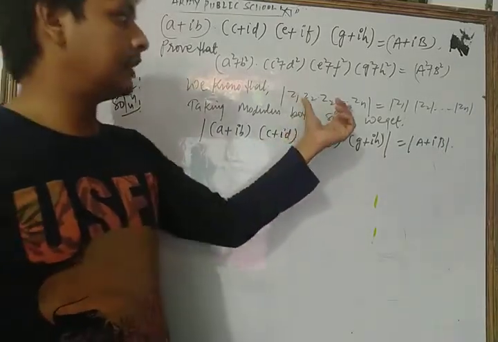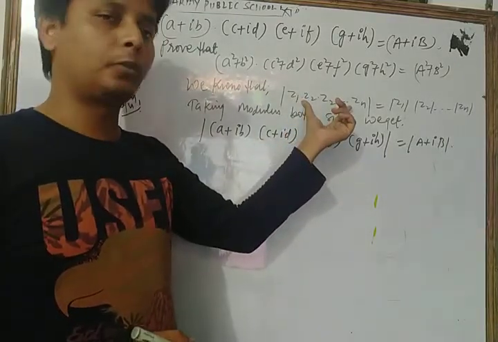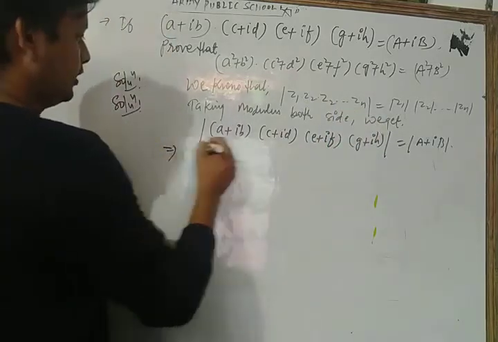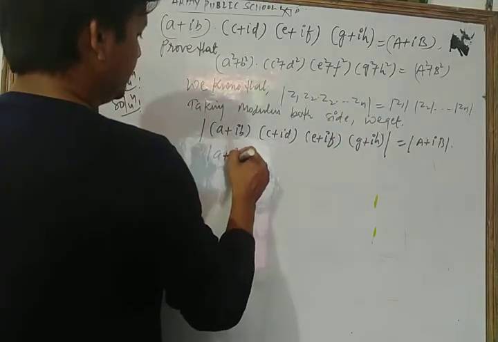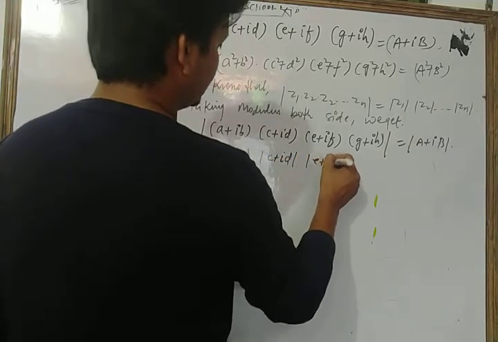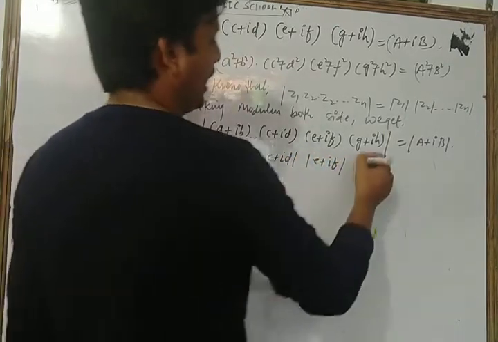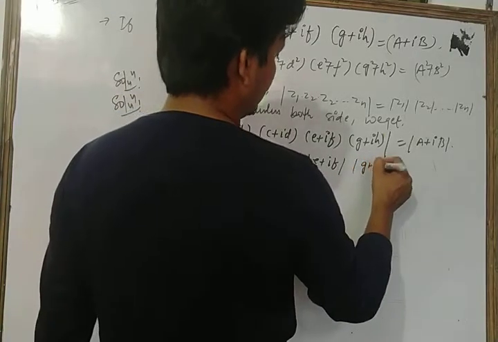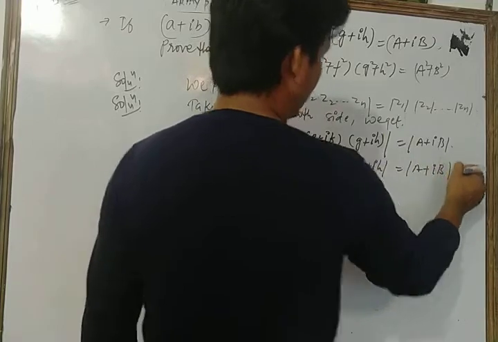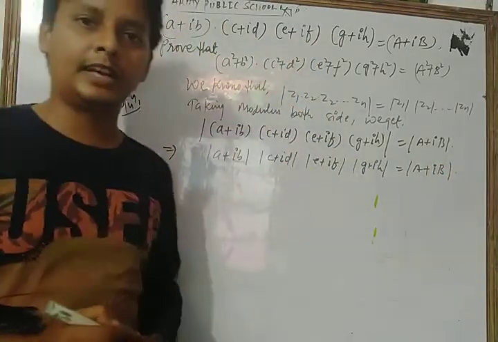Now we use this property in that place. Let's see, we write mod of a plus ib, mod of c plus id, mod of e plus if and mod of g plus ih is equal to mod of a plus ib. Okay, right?